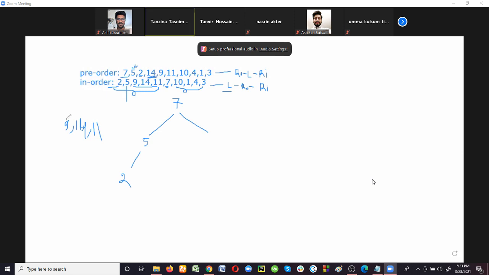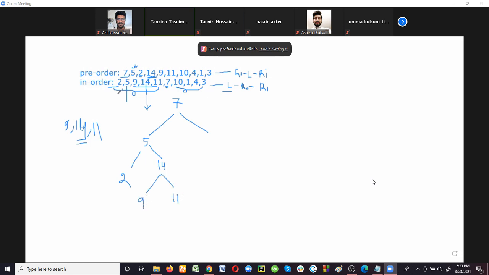Yes, ma'am. In those 3 nodes, 14 appears first, which means that 14 is the root node in this subtree. After taking the root node from the pre-order traversal, again identify its position in the in-order traversal, 14. Right, so here if 14 is the root node, that means 9 is its left child and 11 is the right child of that node 14.